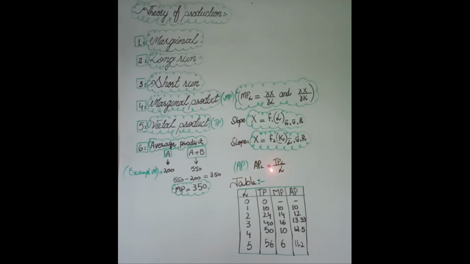So total product of labor divided by the total quantity of labor. Fine. So we can say that the average product of labor is equal to the total product of labor divided by the quantity of labor.